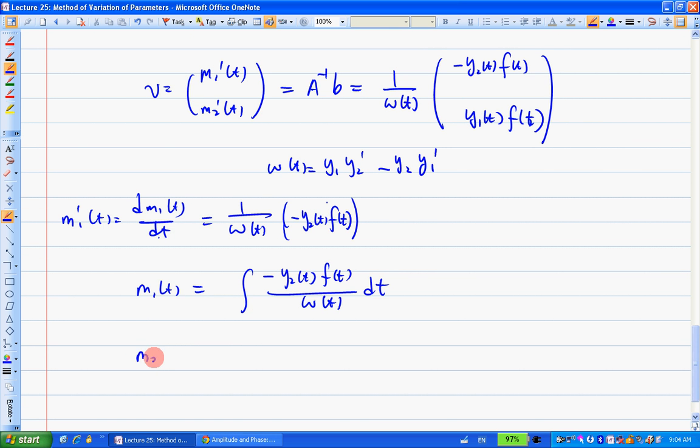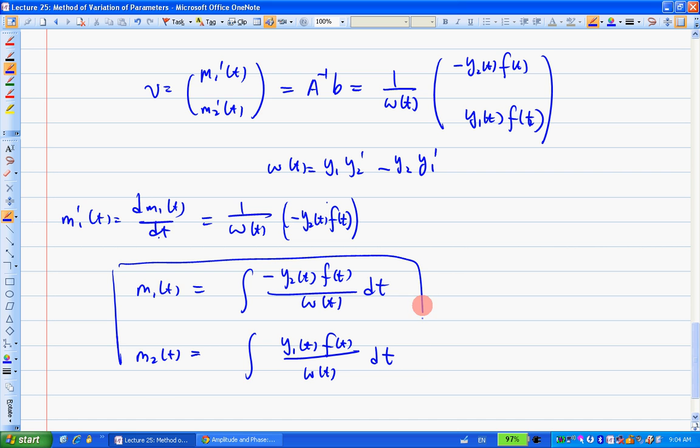So similarly, M2 of t is the integral of y1 f of t over W(t) dt. So you have this formula now, and you will have this formula.